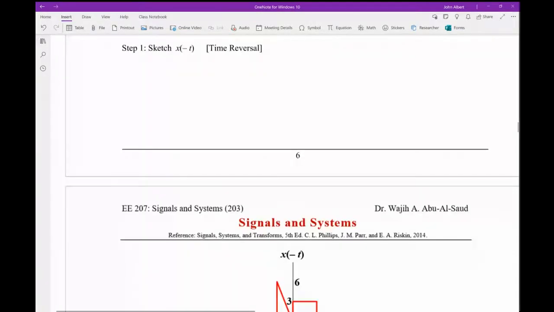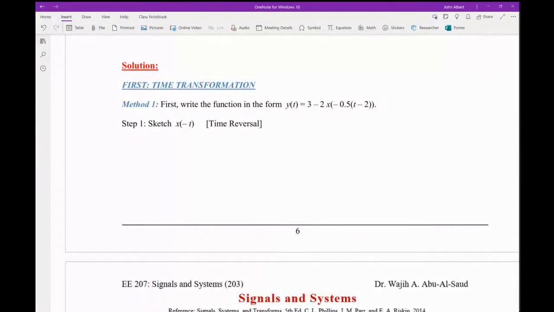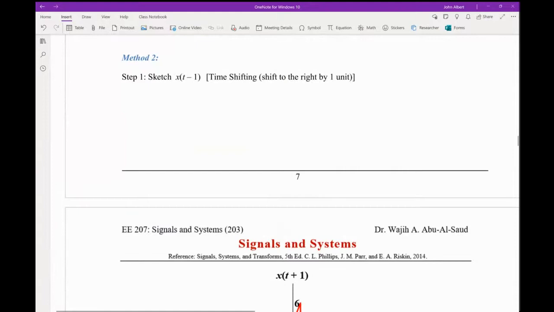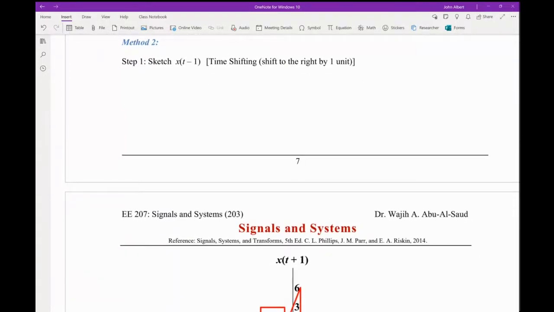Sorry. What did I do in here? Okay, I have the other method. Sorry, let me switch down. I started with the other method. As I mentioned, I have the 2 methods there, so I started discussing the other method, not the first method. Okay.